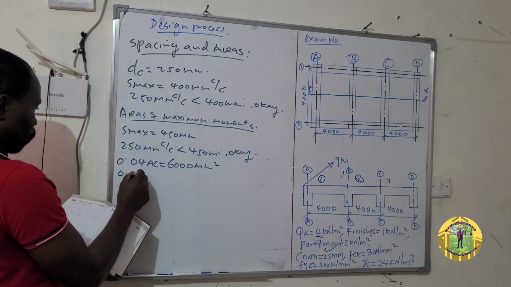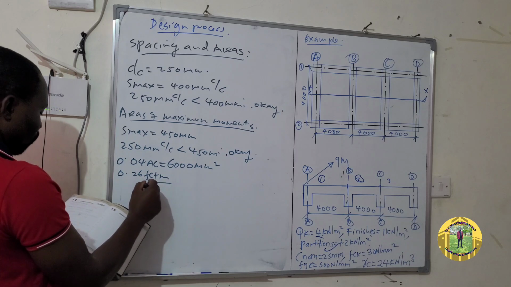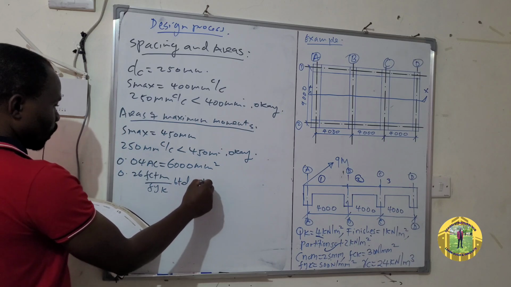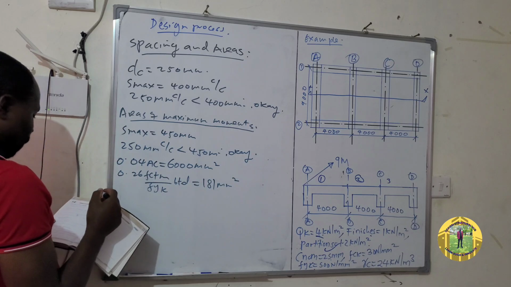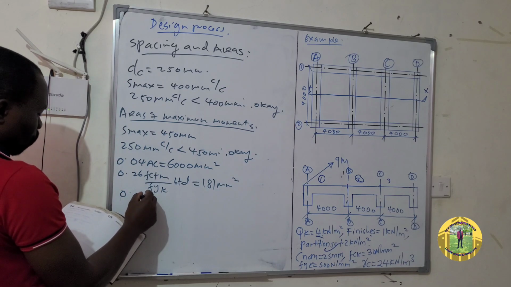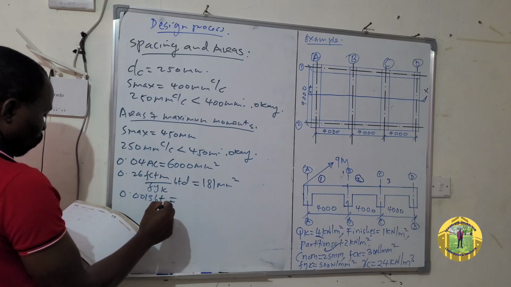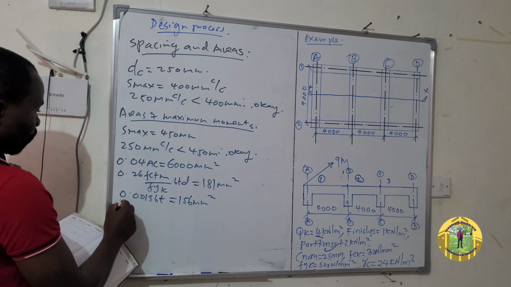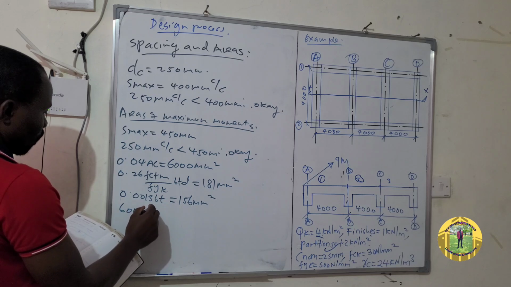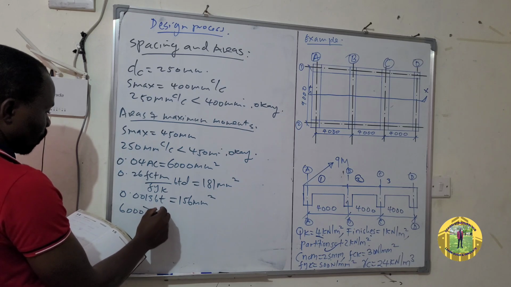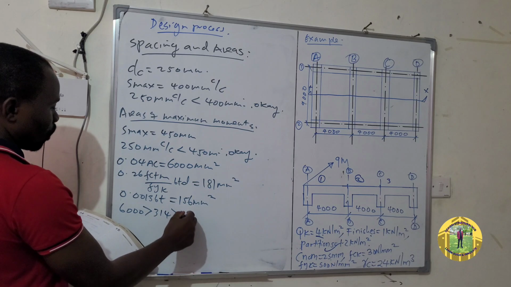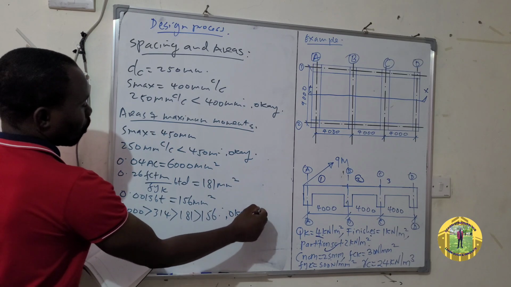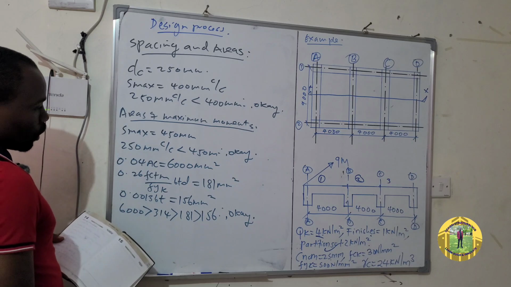And then 0.26 fctm over fyk btd was 181 millimeter square, and 0.0013 btd was 156 millimeter square, and therefore 6,000 is greater than 314, which is greater than 181, which is greater than 156, therefore okay. We proceed to secondary bars.